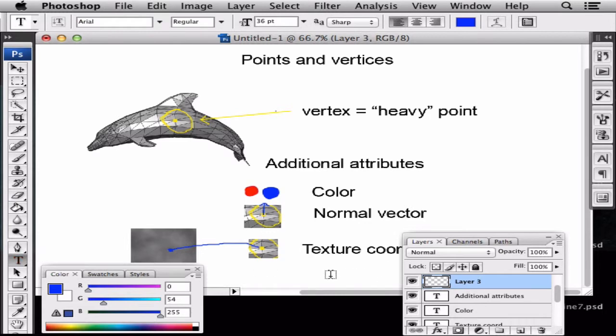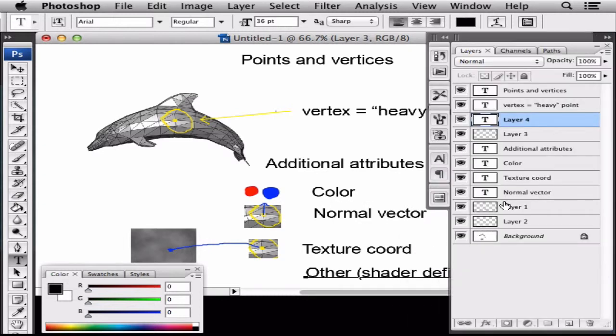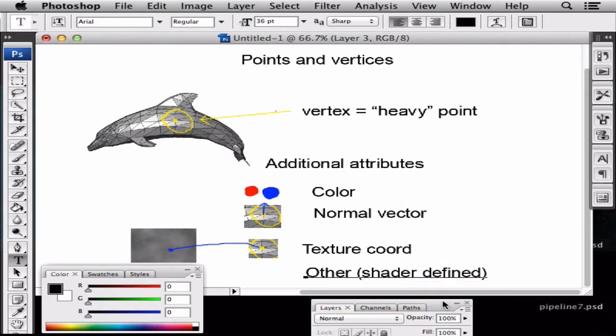And there can be many others. We can have many other attributes, which are just application defined. We do many types of graphics, and sometimes we define additional attributes for vertices. So shader defined.